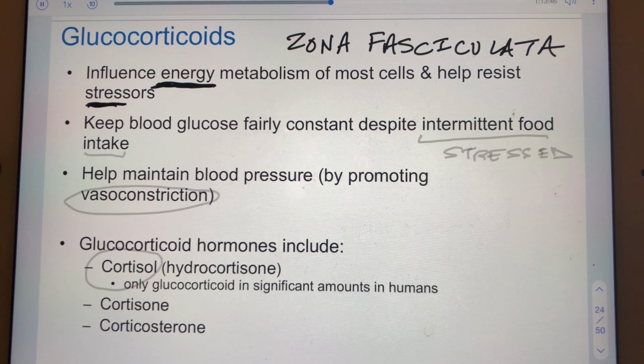The efforts of glucocorticoids are really in place to ensure that we keep blood glucose levels fairly constant, even when we are stressed for food, stressed for sources of glucose.